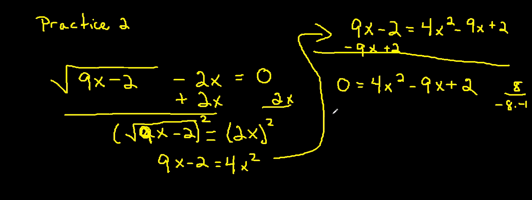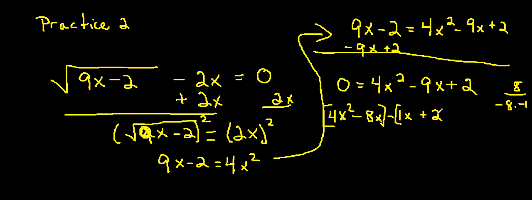So I'll do the grouping method here. It's going to be 4x squared, then I reintroduce the negative 8 and the negative 1 to make it a 4-term polynomial: 4x squared minus 8x minus 1x plus 2.